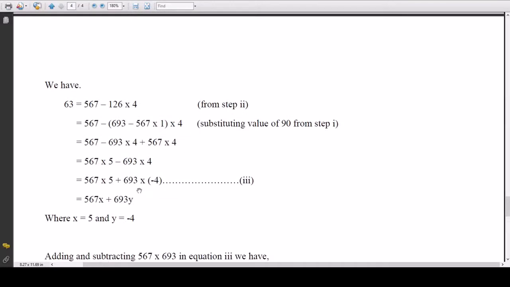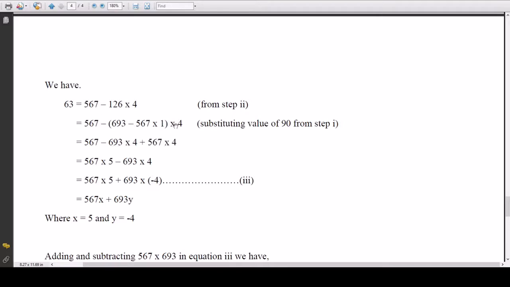Now this 567 you write as it is, minus, then 4 multiply with this 693. See this bracket, 4 you have to multiply with this, and you have to multiply with this also. 4 multiply 693 is 693 multiply 4, then minus multiply with minus is plus. 4 multiply 1 is 4, that means 567 multiply 4, 693 multiply 4.